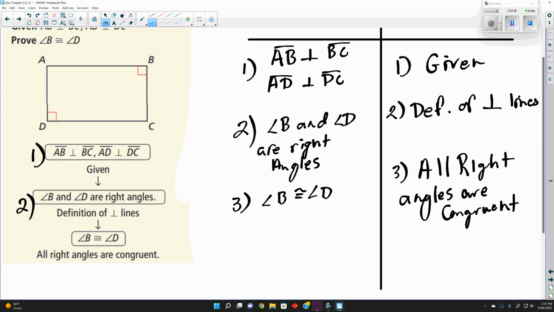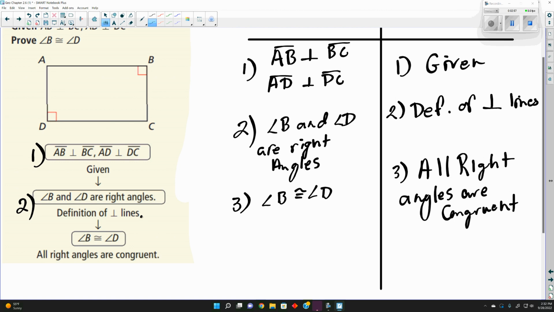No, the definition of that one is, you know, number 2. Oh, definition of line. I'm struggling today. Let me show you.